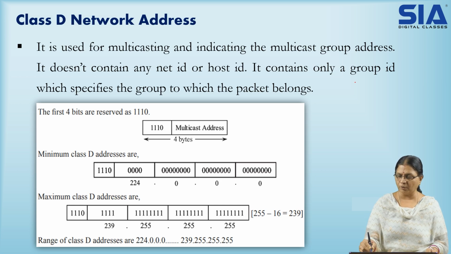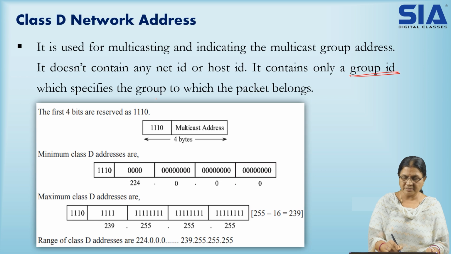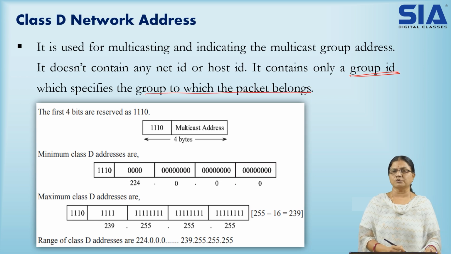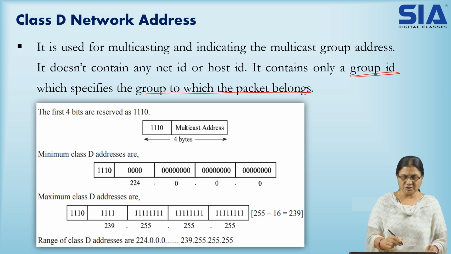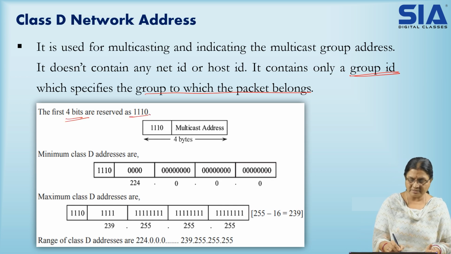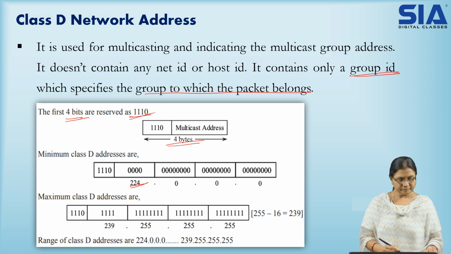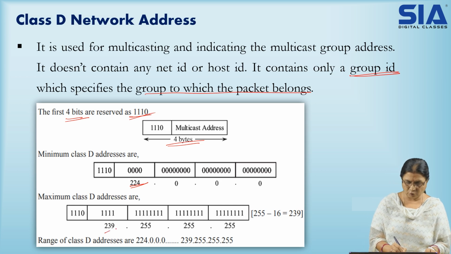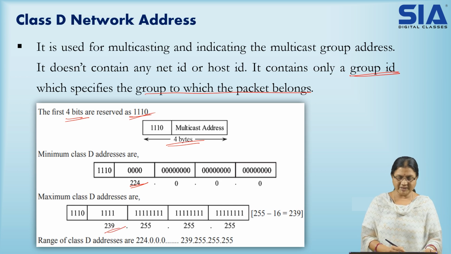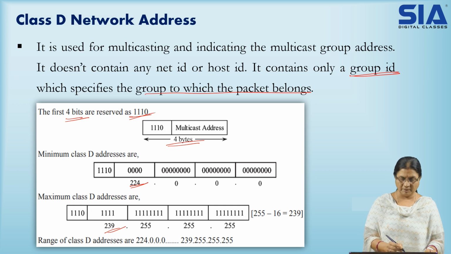It contains only a group ID, which specifies the group to which the packet belongs. So in this category, class D, we don't find any host ID or net ID, only the group ID, with 4 bits reserved. The minimum class D address is 224 and the maximum is 239.